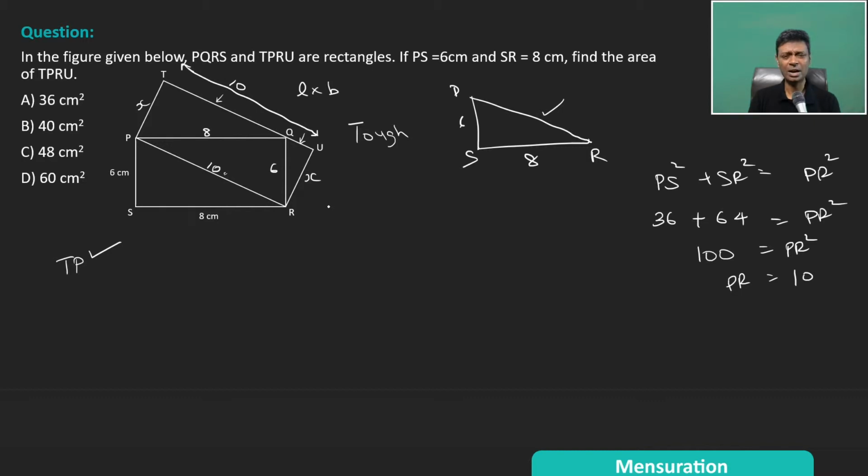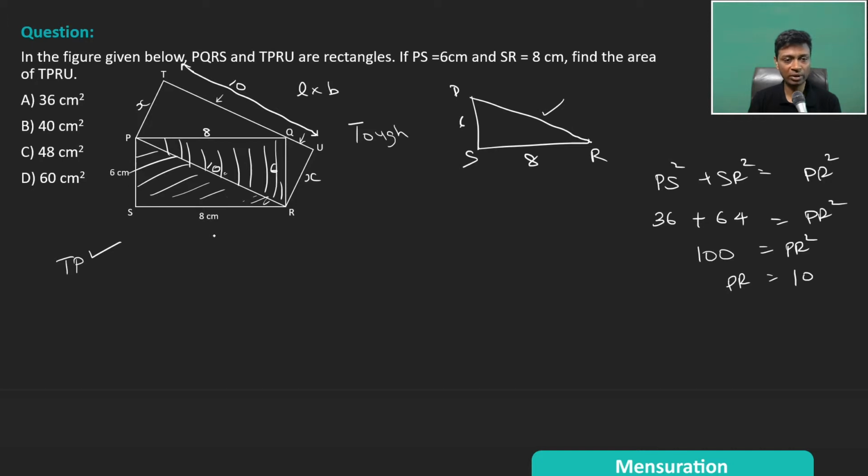Now let's come back to what we know. We know this rectangle really well. Further, we can find area of this rectangle, which is base into height, 6 into 8, 48. Not only that, we know that this area is equal to this area. Two equal triangles get formed.